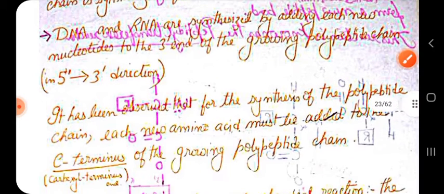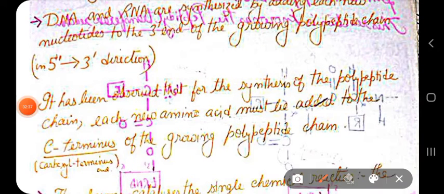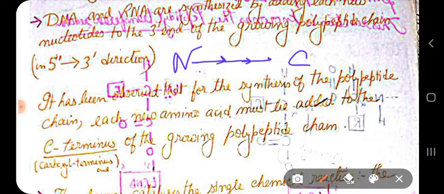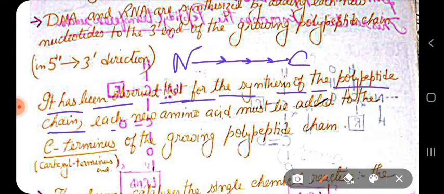But in case of polypeptide, there is an N terminal and a C terminal, and from the N terminal the polypeptide synthesis begins. It has been observed that for the synthesis of the polypeptide chain, each new amino acid has to be added to the C terminus of the growing polypeptide chain.